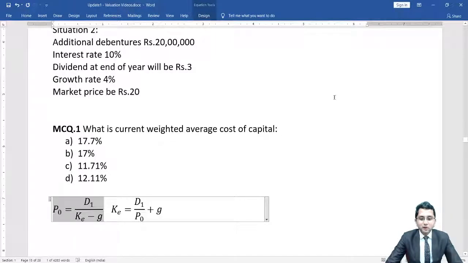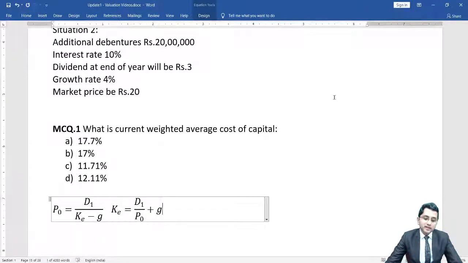But if you know P0, D1 and G, you can calculate cost of equity as a balancing figure. Calculating cost of equity as a balancing figure does not mean that cost of equity is dependent on these figures.